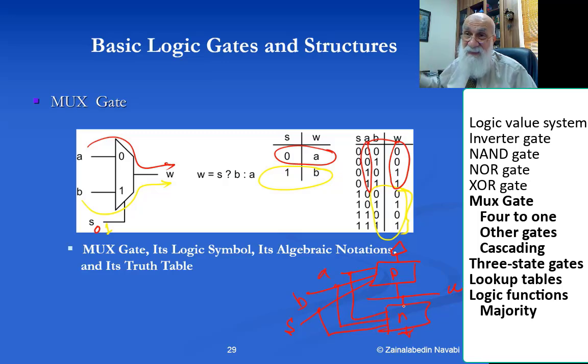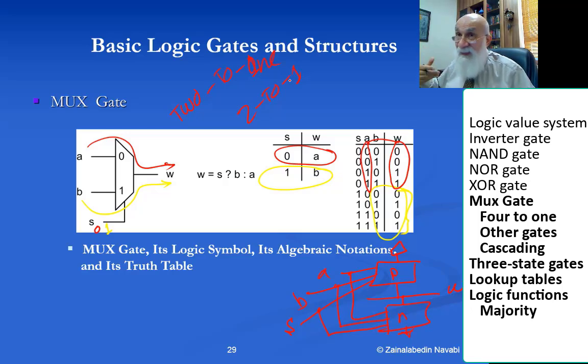Multiplexers can be cascaded, meaning that if you have a 2-to-1 multiplexer, meaning that it has two inputs, it has one output, and you are selecting one of the two inputs.